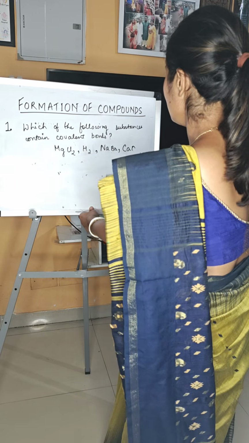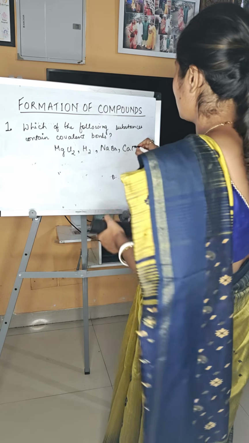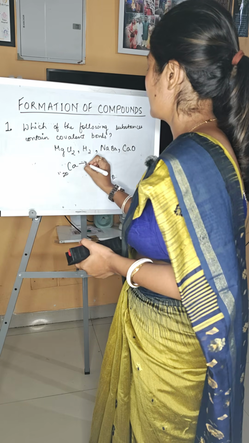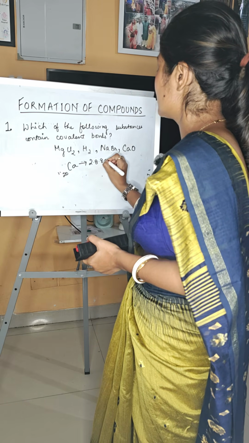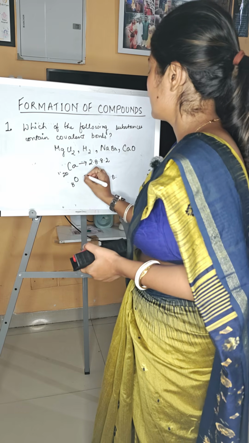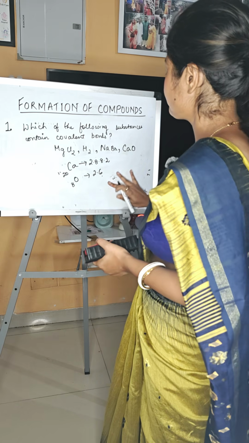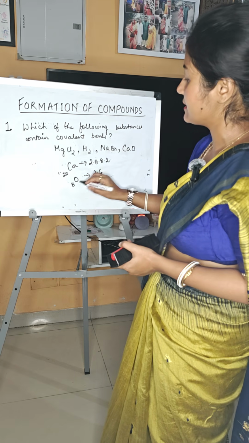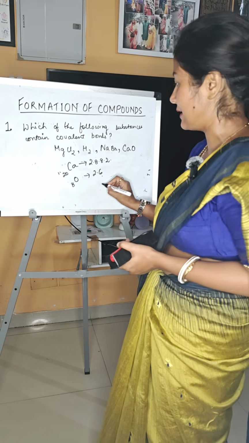In the last example, CaO, calcium oxide, calcium atomic number is 20, configuration is 2, 8, 8, 2, oxygen is 2, 6. So calcium has a tendency to donate these 2 electrons and oxygen has a tendency to accept 2 electrons in its valence shell.